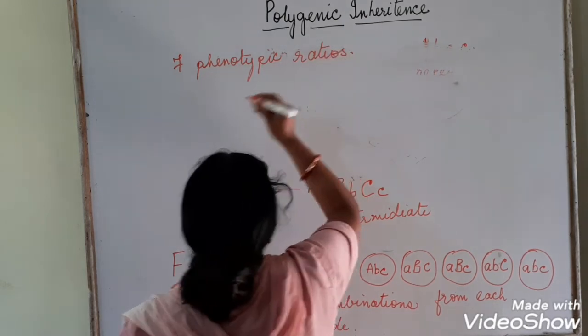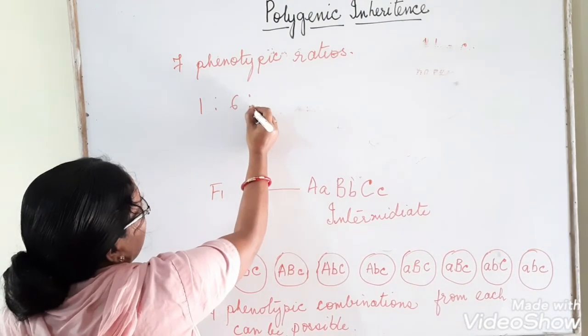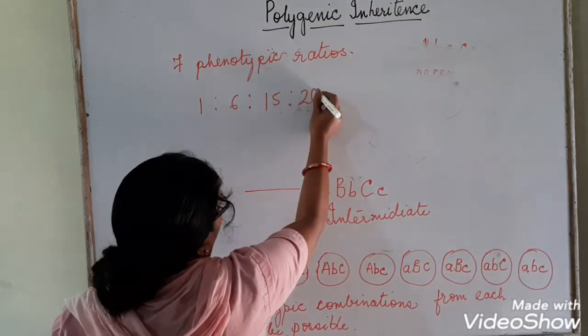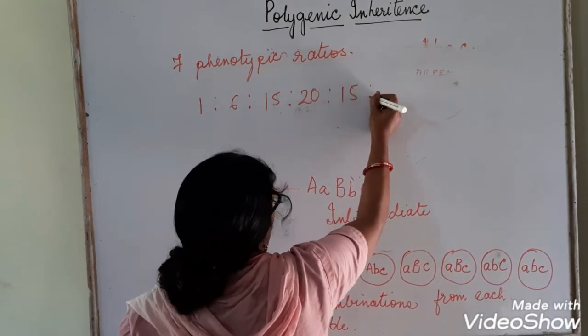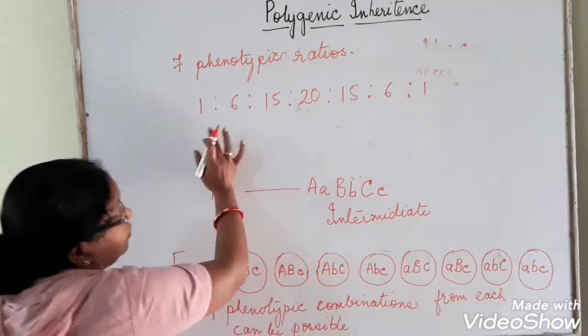These ratios are 1:6:15:20:15:6:1. So we can see the gradation.